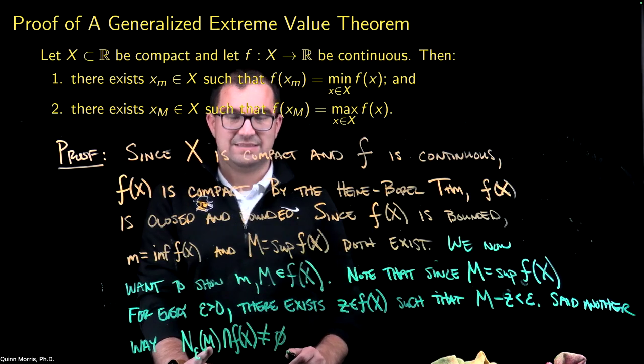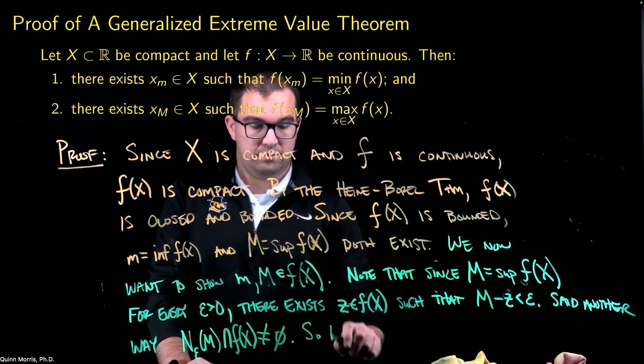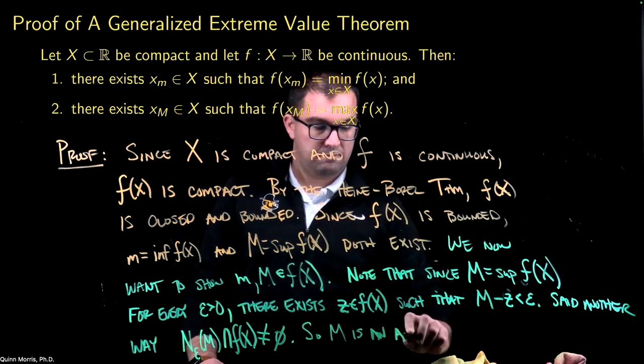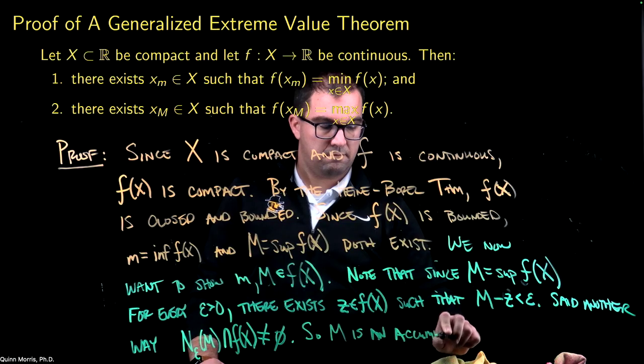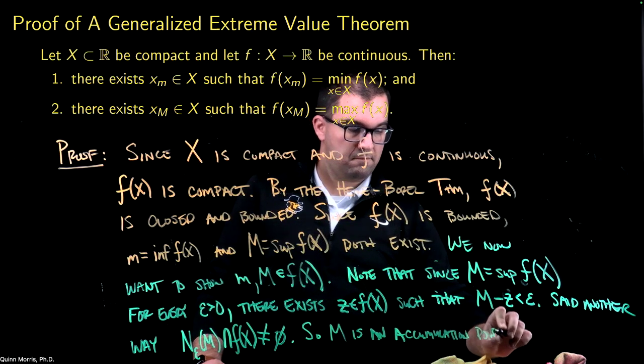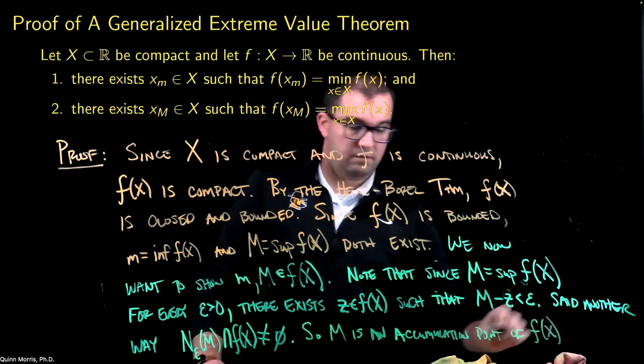So what we're really saying is that m must be an accumulation point of f of x.